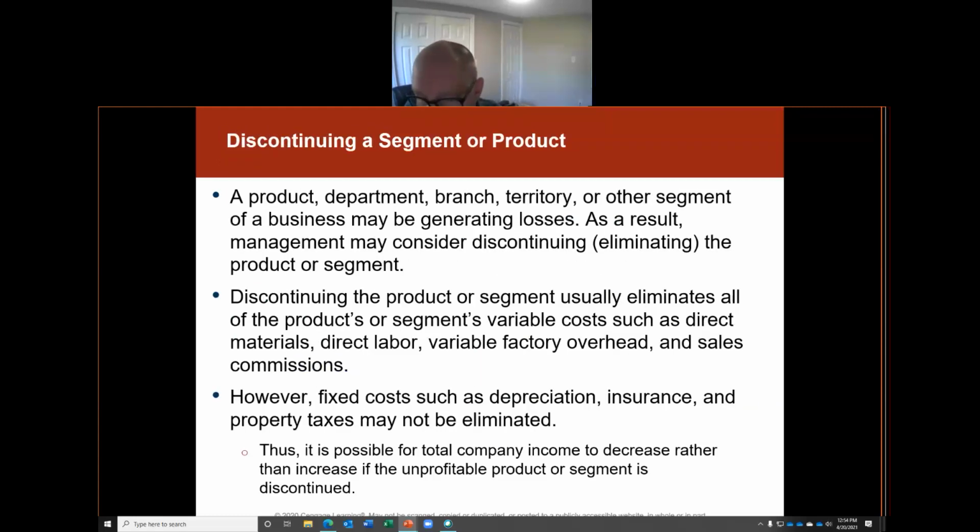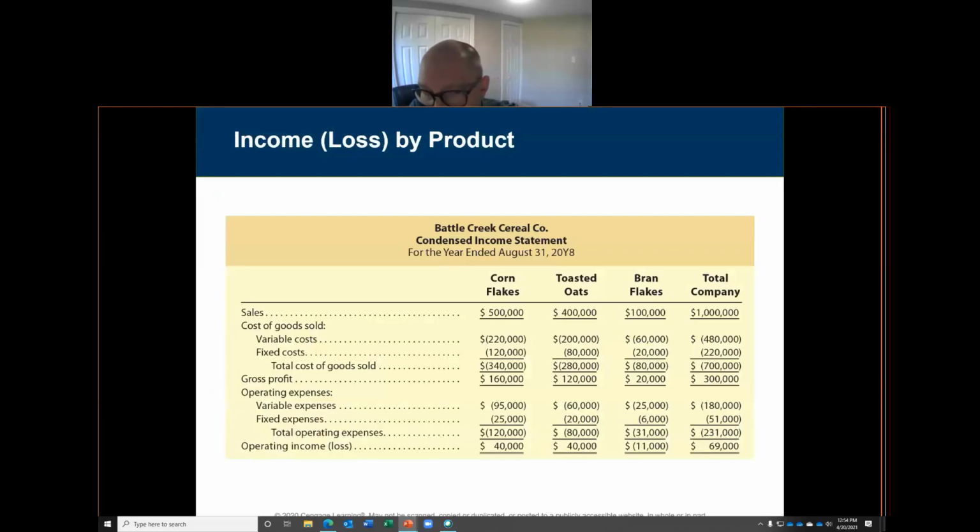Discontinuing a product, we can make that same type of differential analysis. If we keep a product or discontinue a product, the example I'm going to give you is Post Cereal, Battle Creek Cereal Company. Post Cereal is trying to make a decision whether to discontinue bran flakes or continue them.